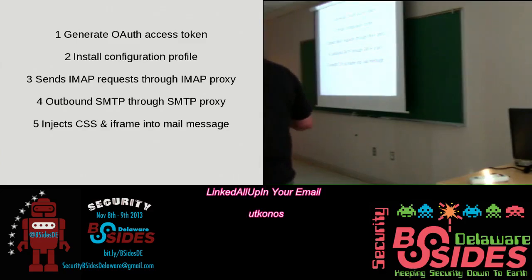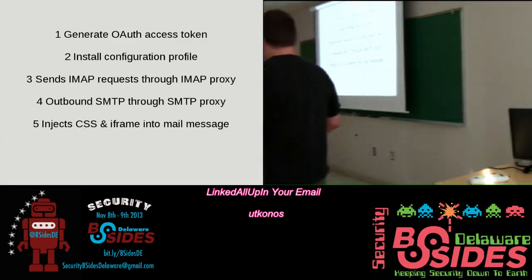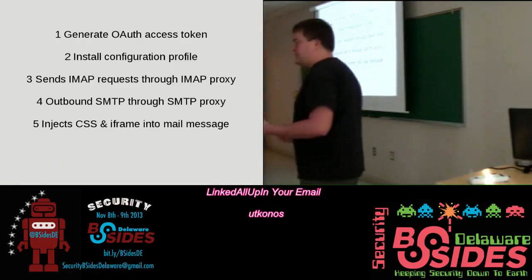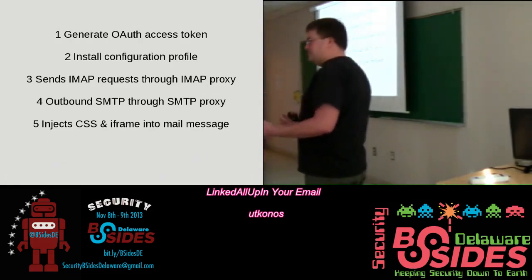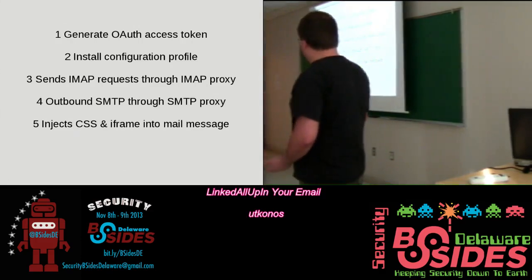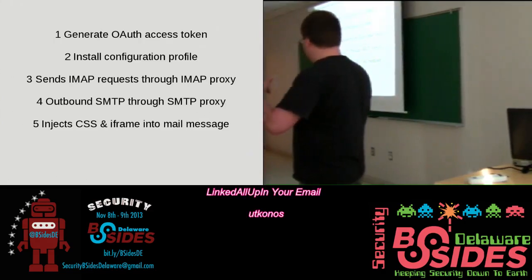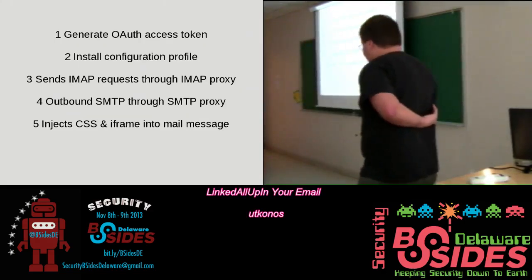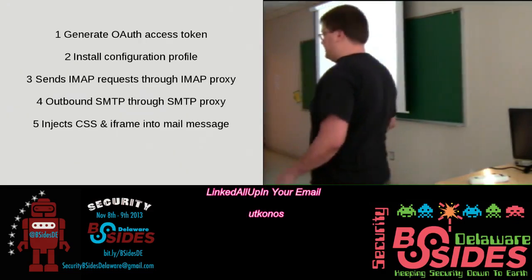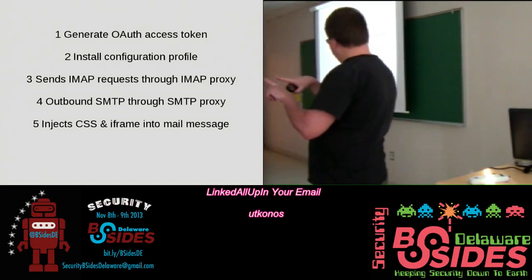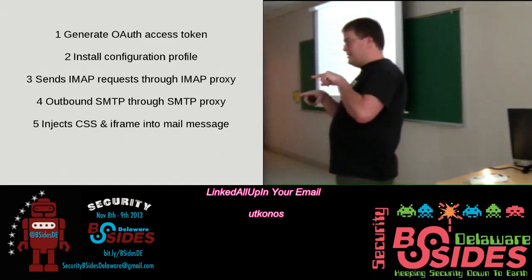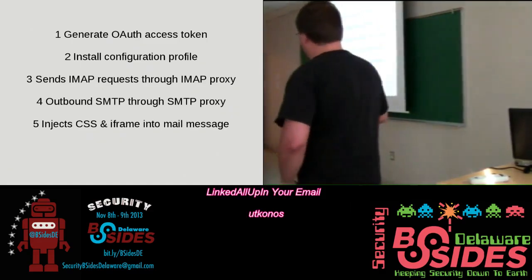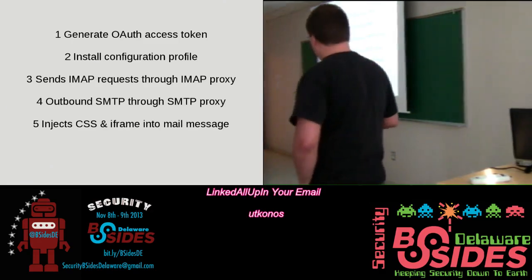And while incoming messages come to your phone, depending on their metrics for whether the person sending you an email has a LinkedIn account and a profile or other things, they decide some of the emails will have a CSS and an iframe injected into the mail message. This is how they create that little interactive frame, a little button in the email where you can click and see information about the person that sent you the email.